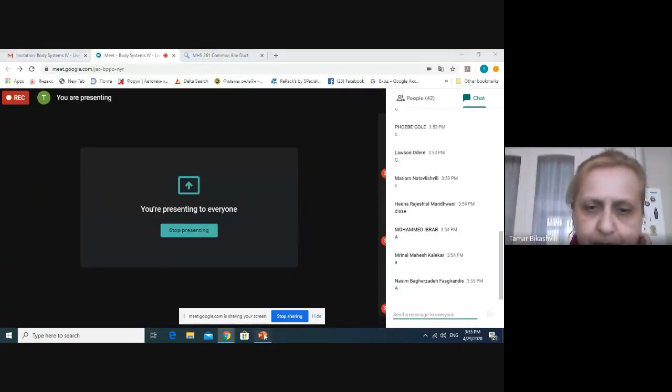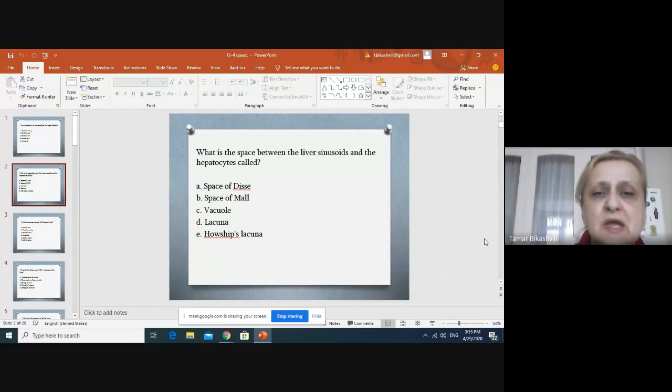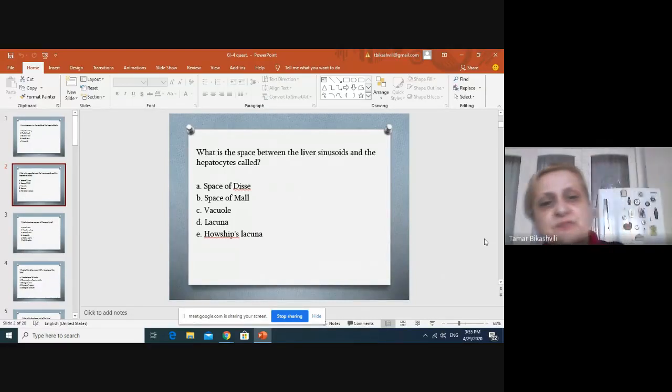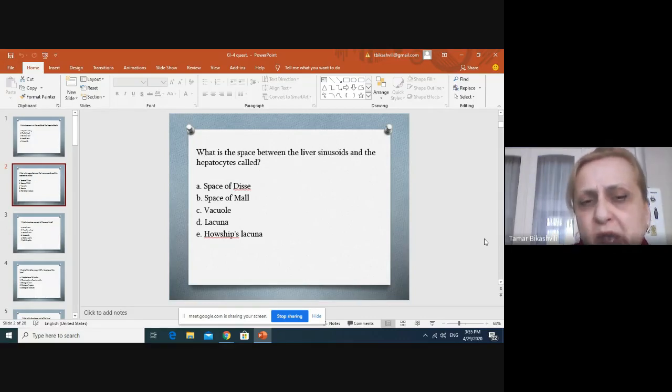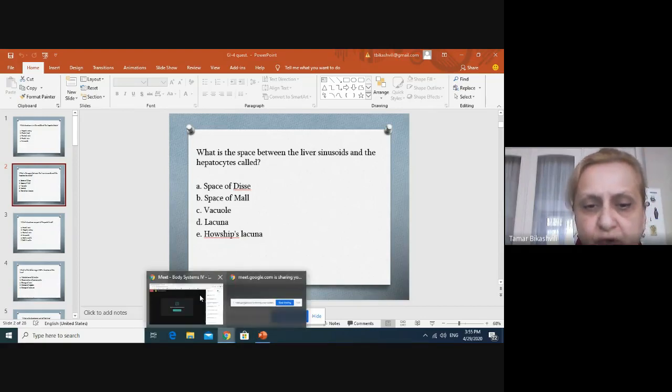Okay, so the space of Disse is between the sinusoids and hepatocytes. Do you know what the space of Mall is? If you know this, you can answer. What's the space of Mall?